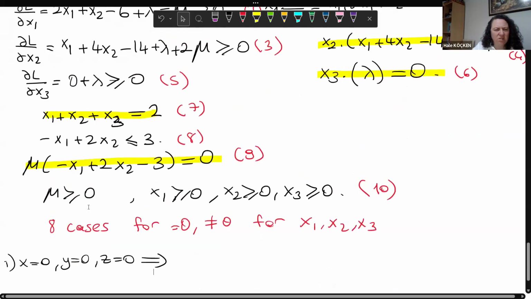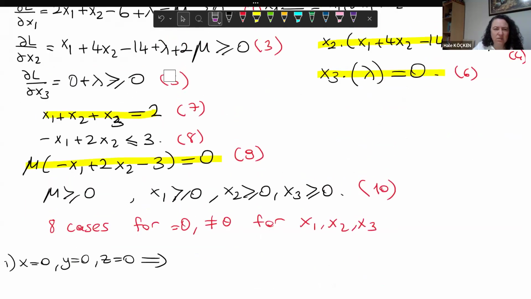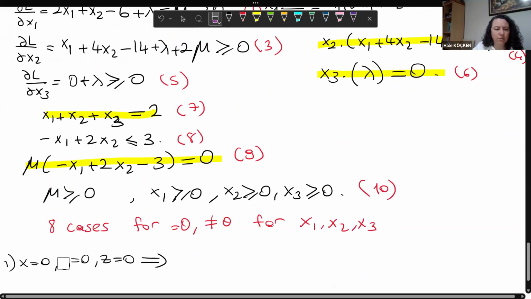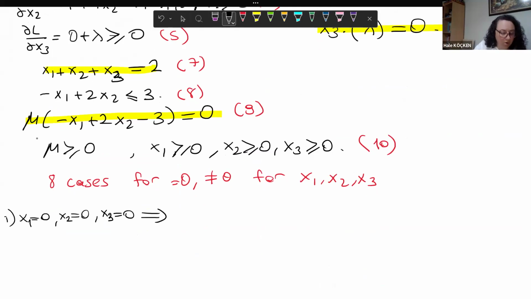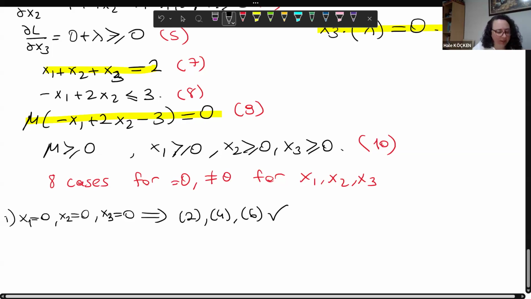These are x1, x2, and x3. If x1 is 0, 2, 4, 6 satisfy directly.